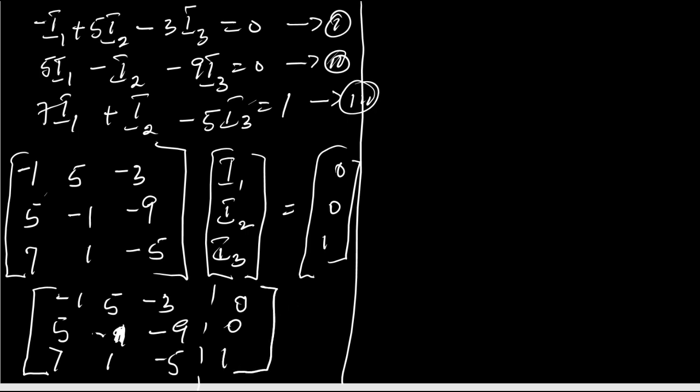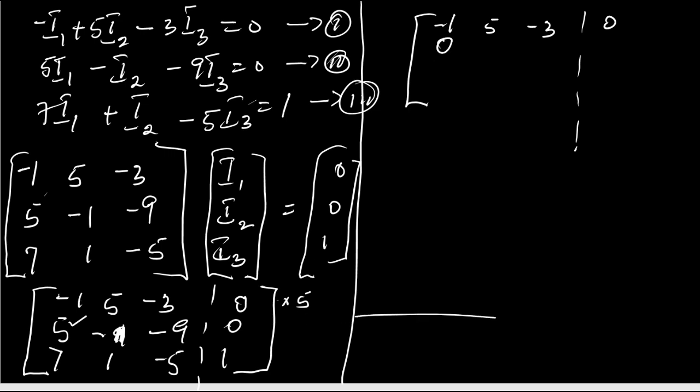Now, the first thing is we want to eliminate the item in the first column and the second row. So we'll multiply the first row by 5. Minus 1 times 5 becomes minus 5, plus 5 becomes 0. So this item automatically becomes 0.